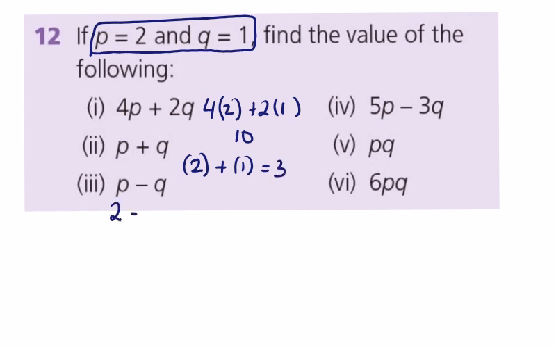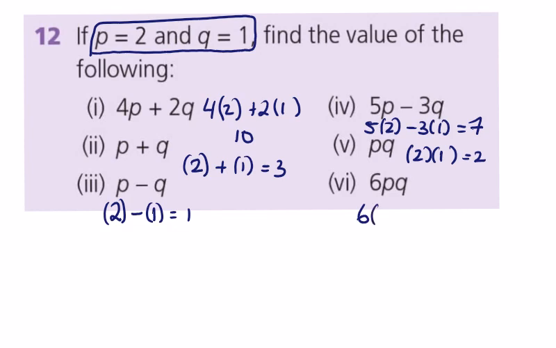P minus Q is 2 minus 1, which is equal to 1. 5 times 2 minus 3 times 1. 10 minus 3 is 7. And P times Q, 2 brackets here. 2 times 1 is equal to 2. And 6 times the previous answer will be 6 by 2 by 1, which is 12. So watch the video being done, pause it, go back and try the questions, and don't lose marks for substitution.